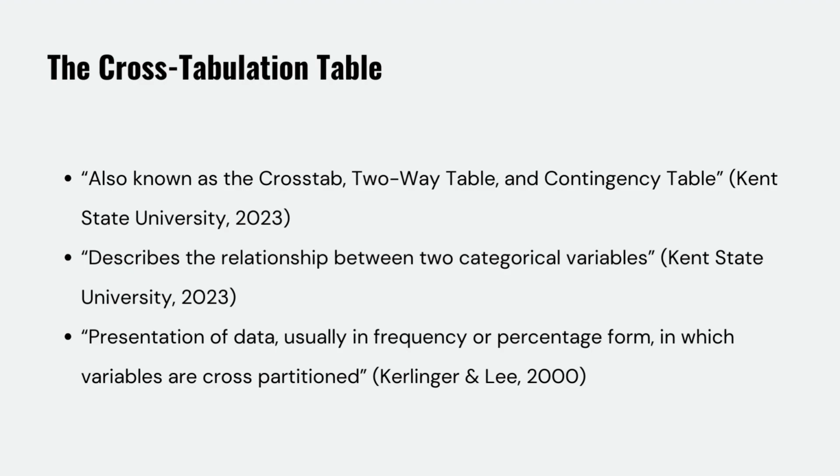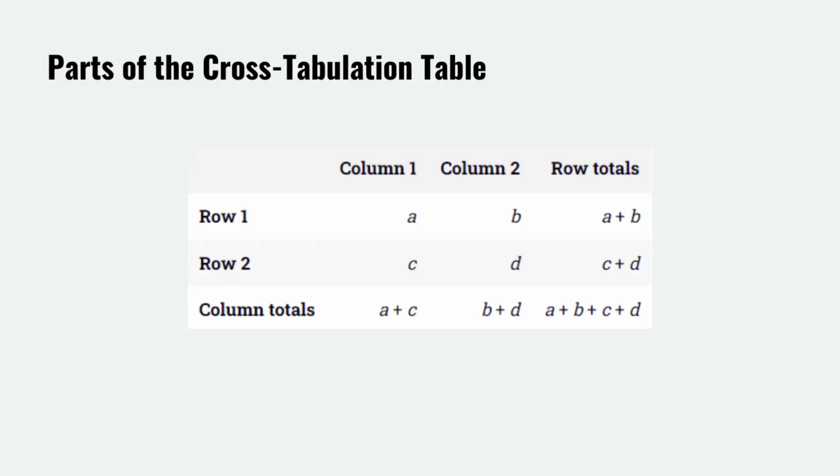Now let's dive deeper into understanding the cross-tabulation table by discussing its parts. Here is an illustration of a 2 by 2 cross-tabulation table, or simply a cross-tabulation table of a bivariate analysis. The letters above, A, B, C, and D, represent the cell counts.